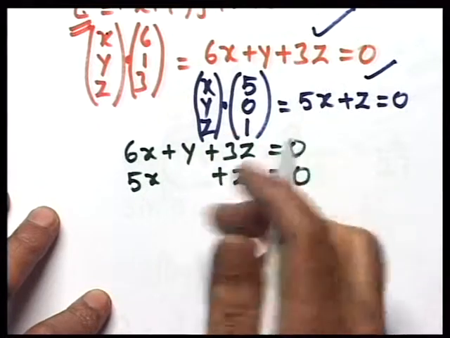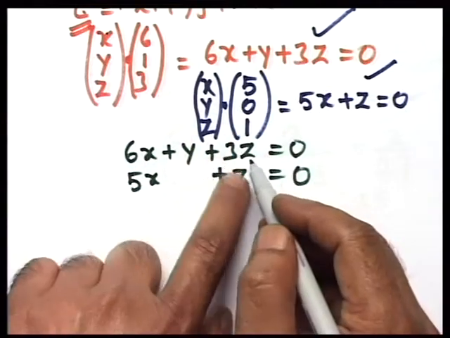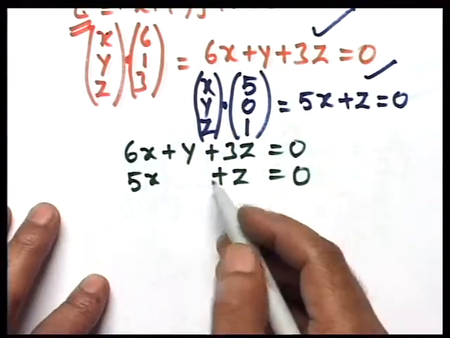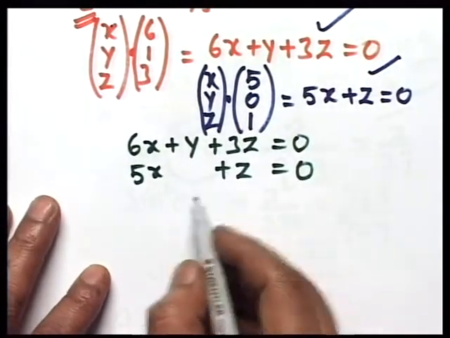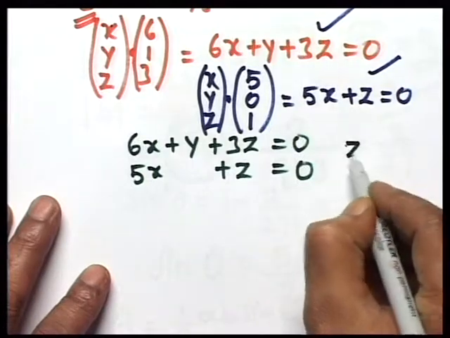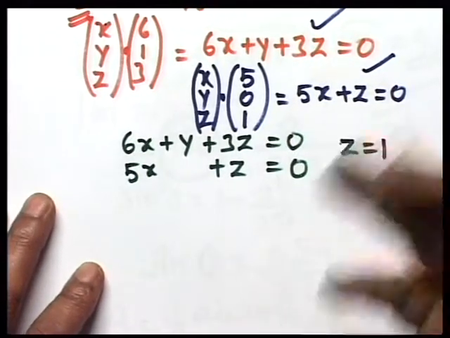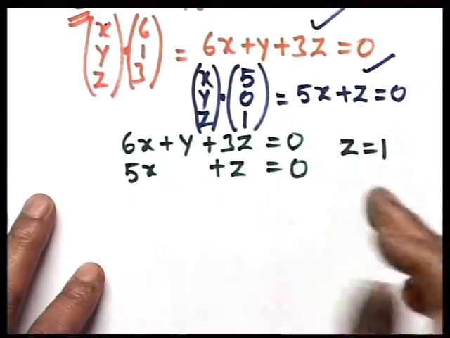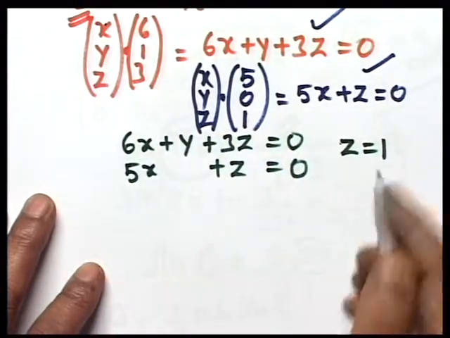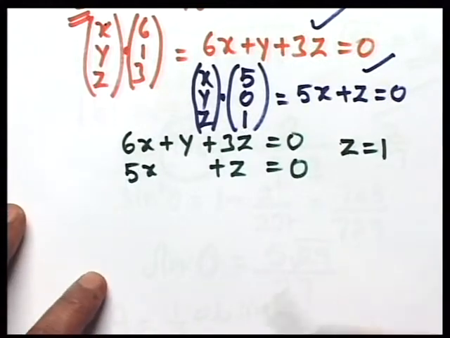You are allowed to choose any one number, say z or y or x. So let z equal 1. Because there are infinite number of vectors as answers, we just choose one answer as z equals 1.